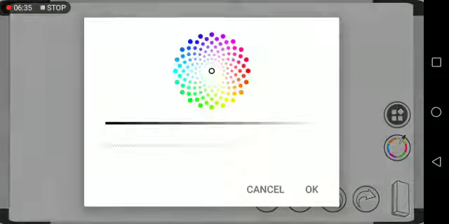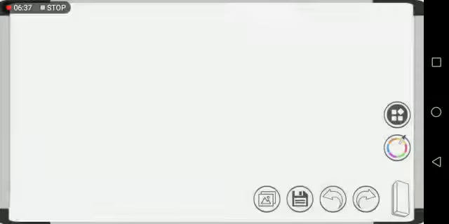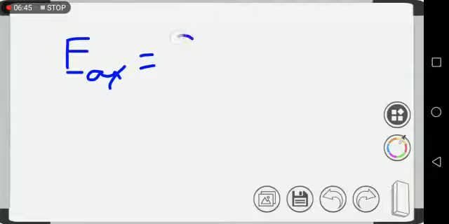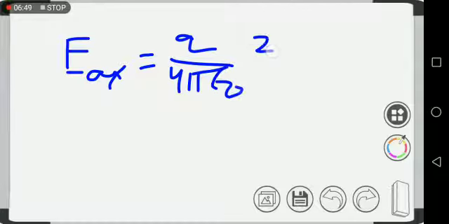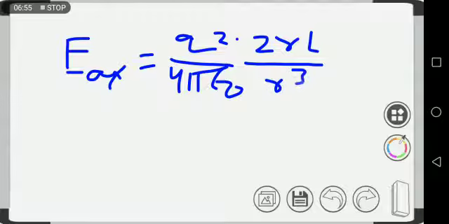So in the final expression E becomes q by 4 pi epsilon naught, 2 into 2rl divided by r cube.